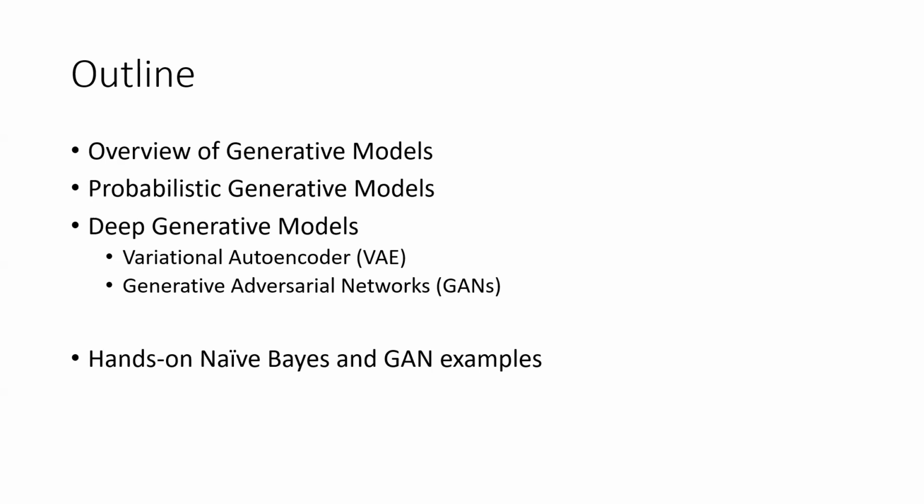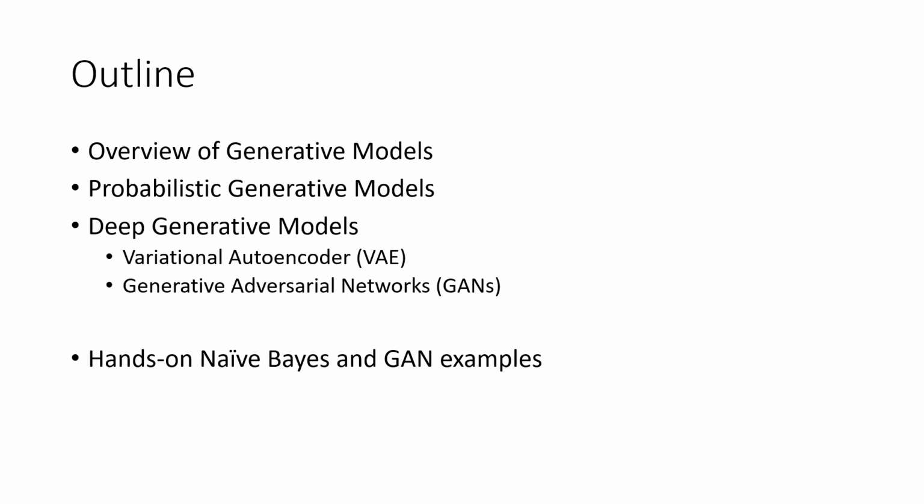And also, I'm not going to describe what are called the autoregressive models, examples of which are powerful text generation models like GPT-3, which is an autoregressive model. The reason for this is that they are more specific to certain fields. For example, they assume that your data is a sequence.